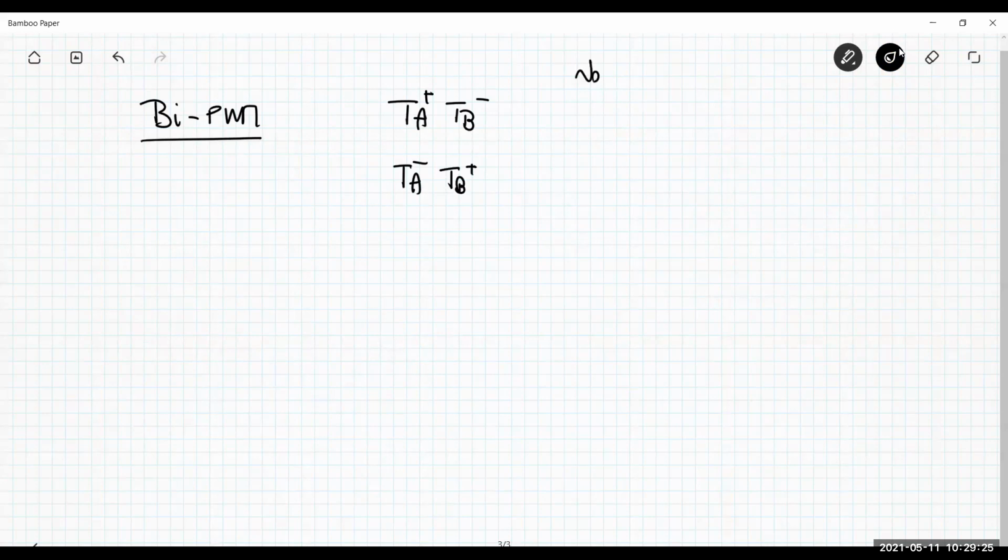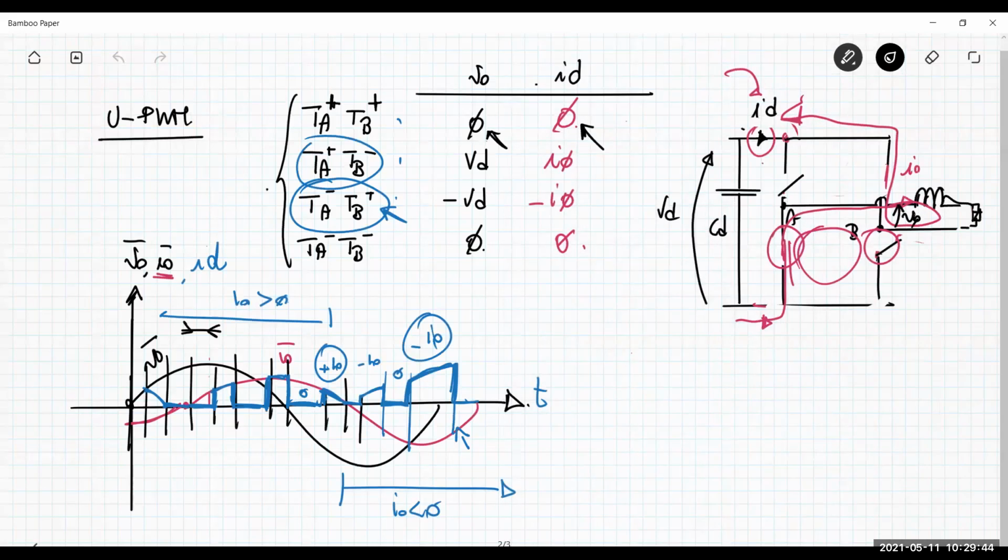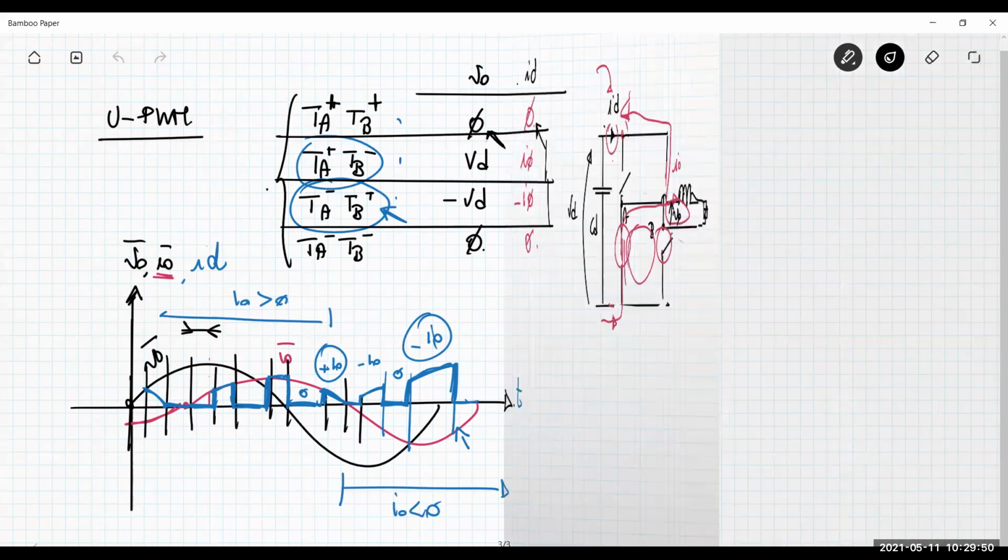And the output voltage has just two different voltage levels, positive VD, negative VD. Okay, what happens to the current ID? The current ID is equal to the current I naught when TA plus and TB minus are on. So basically, this is the state you have here. Or it is negative I naught when TA minus TB plus are on.